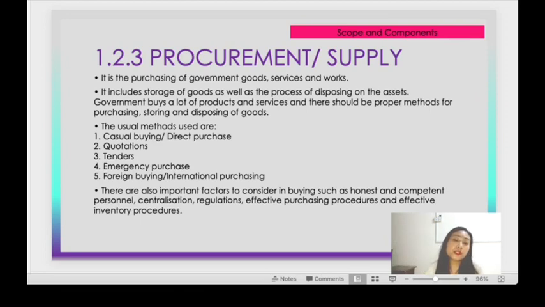Procurement or supply, also called bahagian perolehan, will play with government or people's money. For example, in buying big assets for the country, such as an airplane or military facilities, they have to ensure that this supply can support the government.